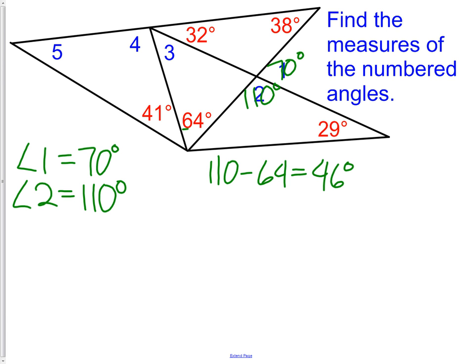Angle 64 degrees and the angle with the 3 in it need to add up to 110 degrees. We now know that angle 3 is 46 degrees.